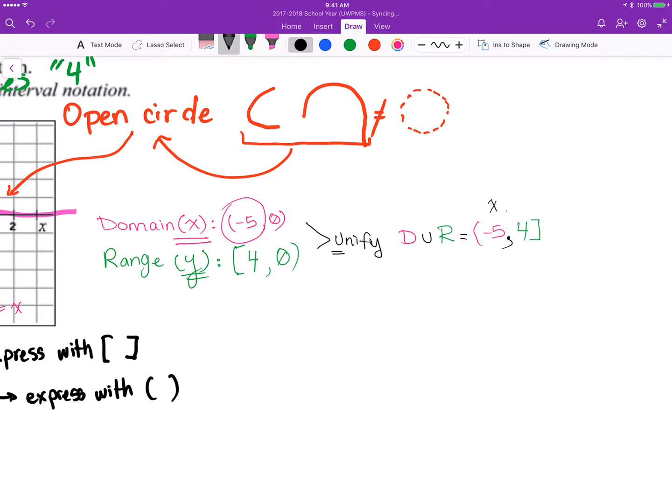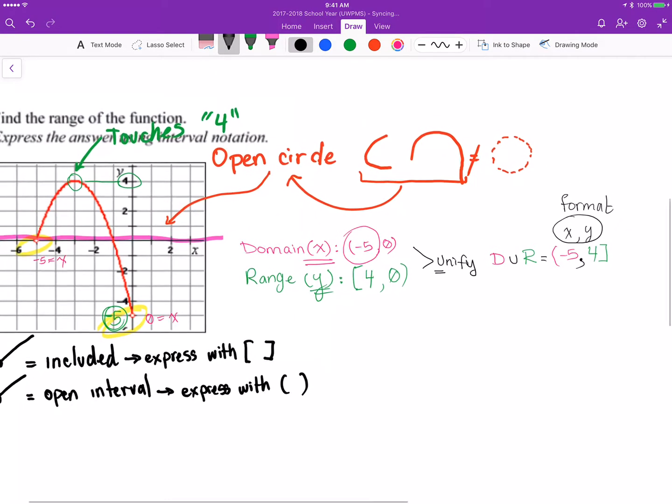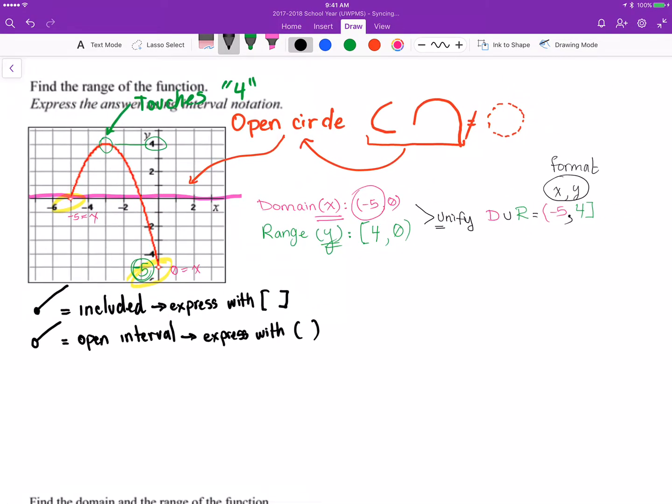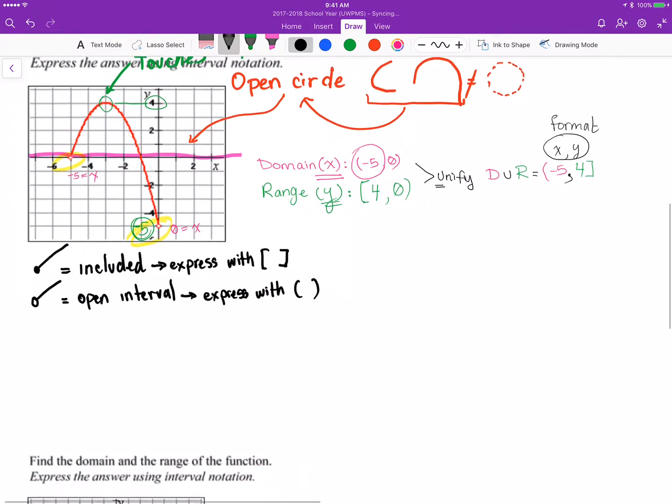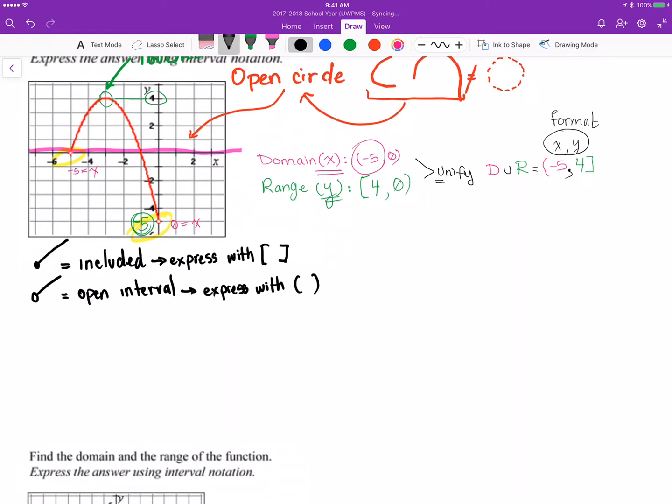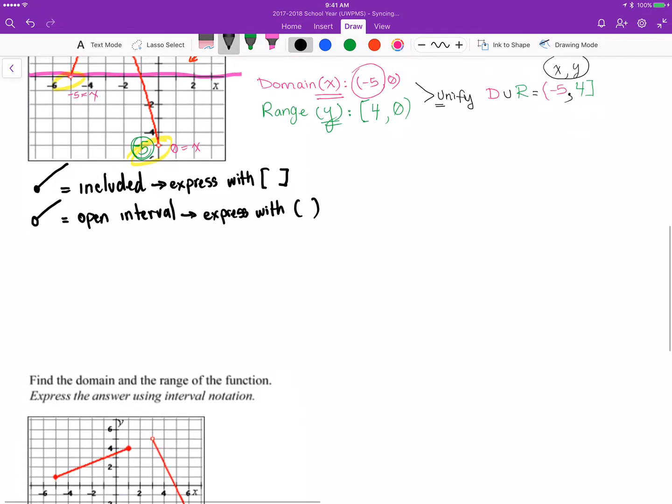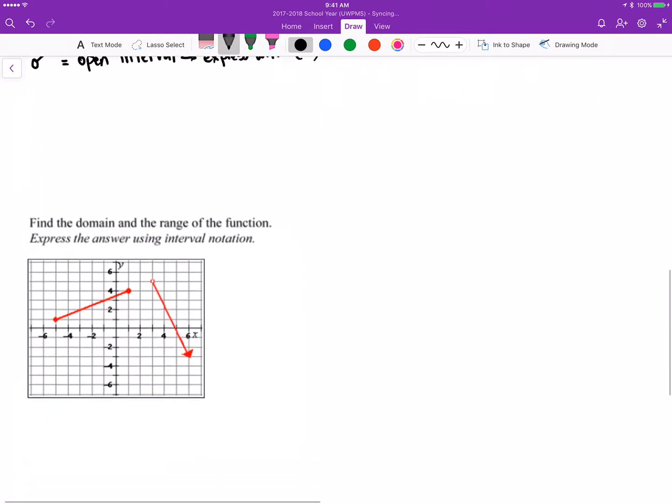Because it's an X, comma, Y format. Okay, that's what that means. These are hard examples. I know that if you're able to understand these, the practice will be a lot easier. Be sure to watch the videos.